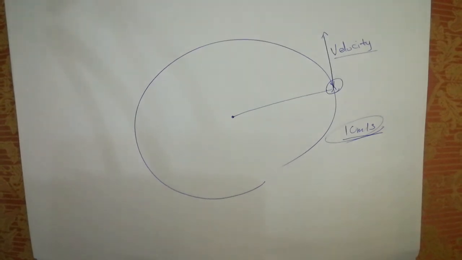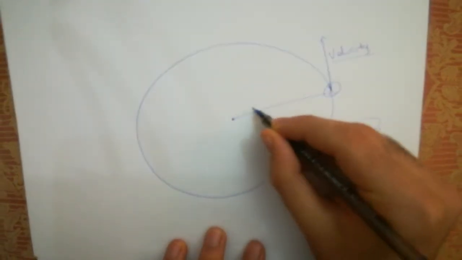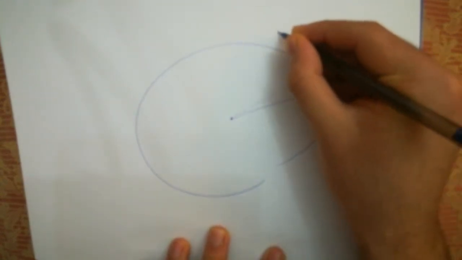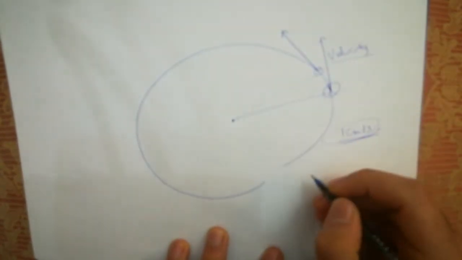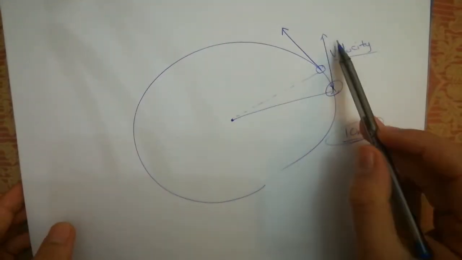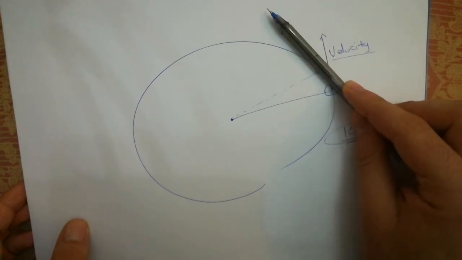Well, how in the world is that happening? There are many ways to understand this, but the easiest way is to say, okay, now, in this instant right over here, when the ball is going to move here, the velocity will move in that direction. So, the velocity vector was pointing here. Now, it is pointing here.